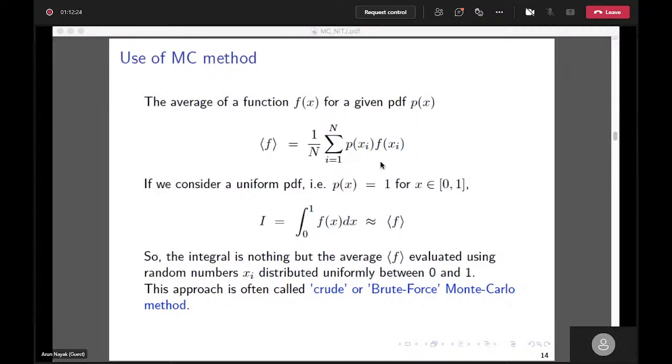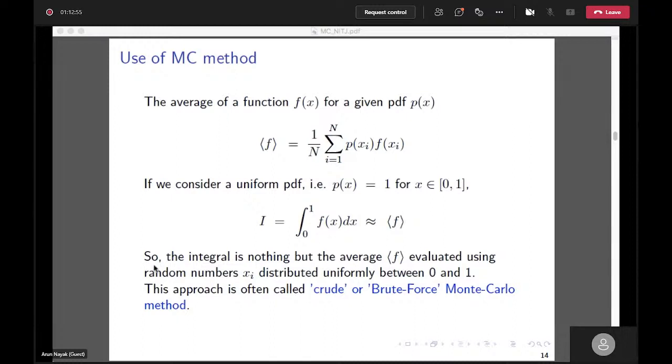Okay. So if we simply generate a random number between 0 and 1 uniformly and then calculate the average of this function for this set of random numbers, that will be equal or almost equal to its integral value. So as you can see, the integral is nothing but this average over your samples.